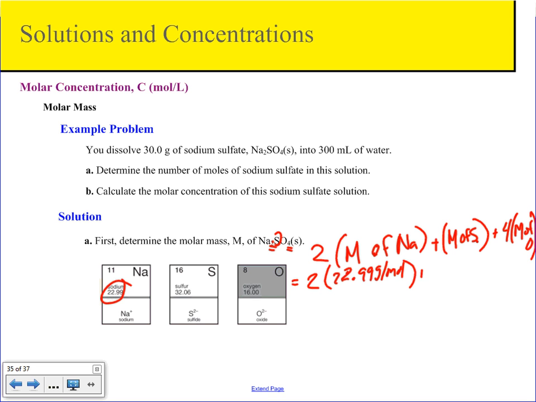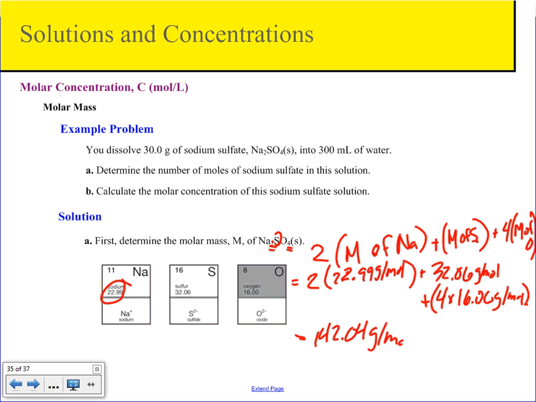Now I'm going to add 32.06 grams per mole for the sulfur, and I'm going to add 4 times the molar mass of oxygen, which in this case is 16.00 grams per mole. And I'm going to get a total of 142.04 grams per mole. Alright, so that's the molar mass of that particular substance.